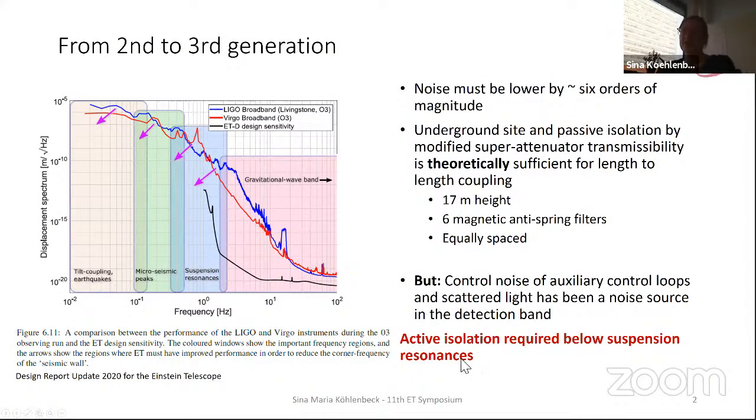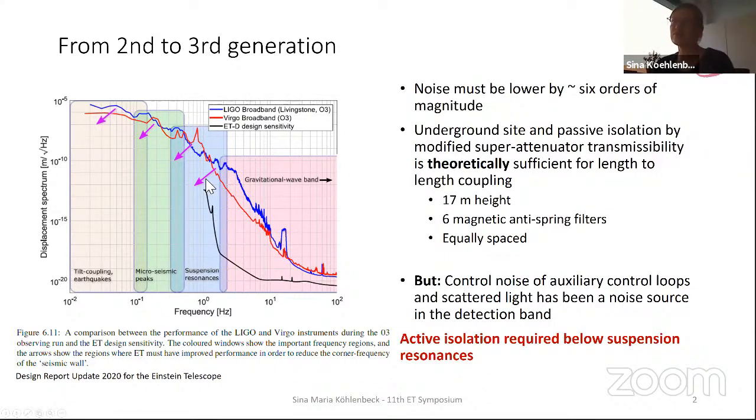On the left, you can see a plot that basically summarizes what we have to achieve if we want to go from the second generation to the third generation of gravitational wave detectors. We see in red the Virgo sensitivity, in blue the LIGO sensitivity, and in black the ET design sensitivity. So this part is mainly about ET low frequency.